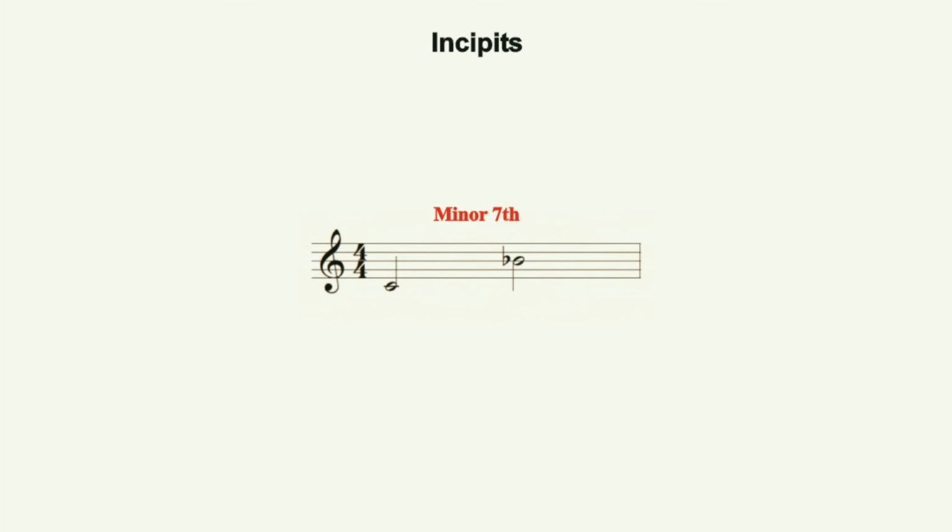Like the augmented fourth and diminished fifth, songs beginning with the dissonant major seventh are infrequent. Two songs which do begin with a major seventh, however, are Take On Me by the musical group a-ha and the song Bali Ha'i from the musical South Pacific.